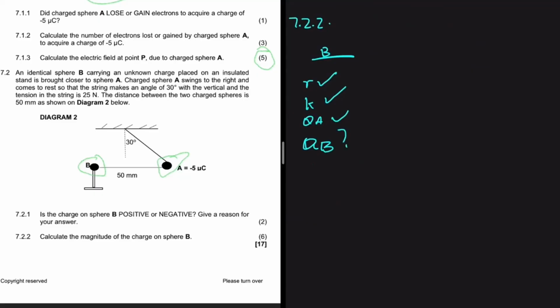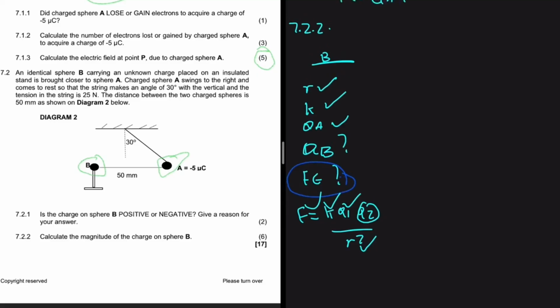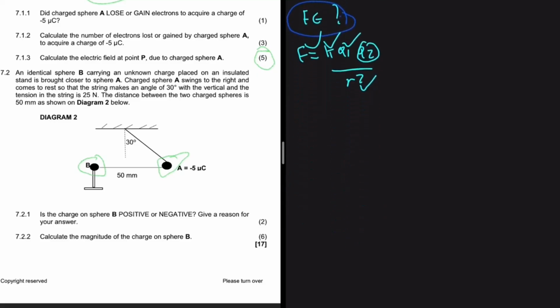Another thing we don't know is the electrostatic force between A and B. If we can find it, then we can use F equals k Q1 Q2 divided by r squared. We have r squared already. We have Q1, we don't have Q2, we have k. So if we find F, then we can find the charge on sphere B.